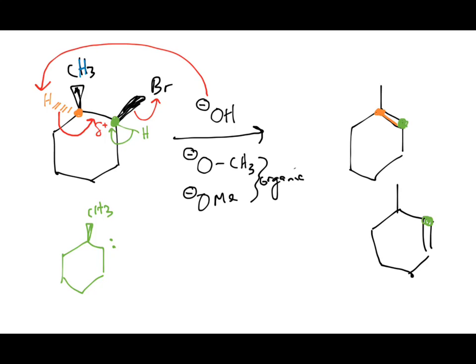How many bonds does that carbon have? This one's tricky. We got rid of the carbon-hydrogen bond, so that's no longer there. What about the bromine? Also got rid of that one. So how many bonds does our carbon now have? 2. And a lone pair of electrons.